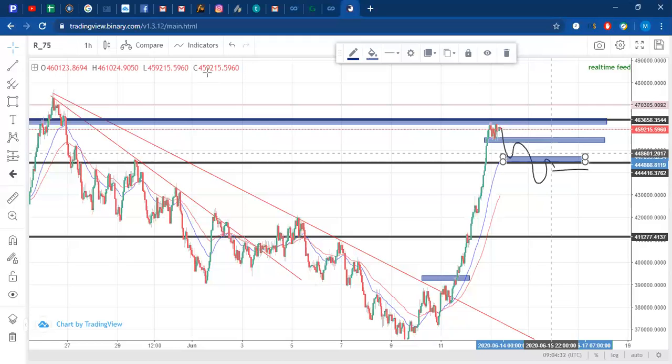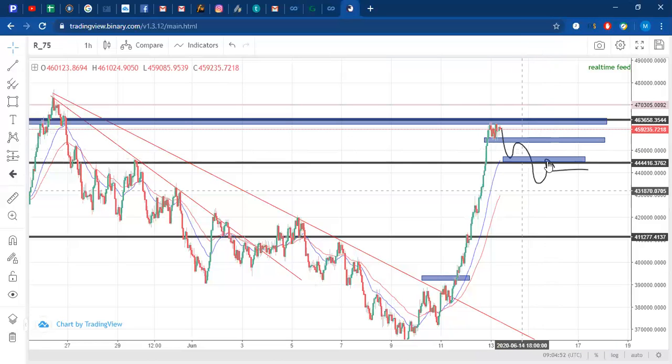Then my stop will be above here, above this level, so it will have to break through this one before reaching my stop. Whenever it reaches my stop, it may just decide to go to the upside. So that is my thoughts.